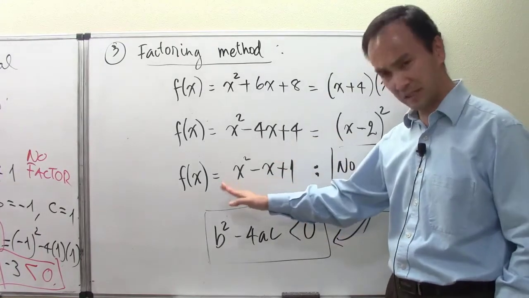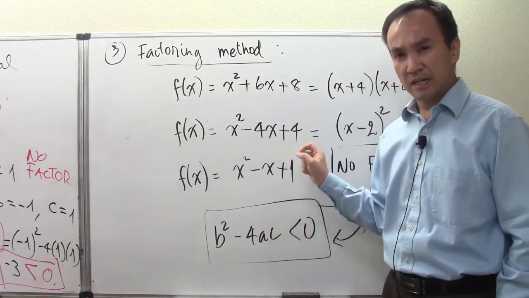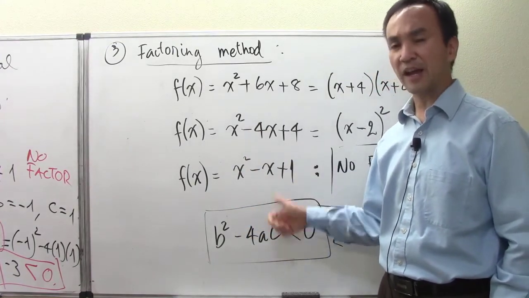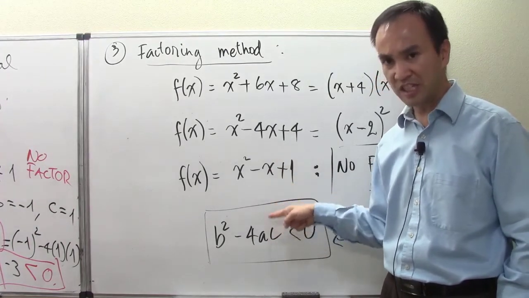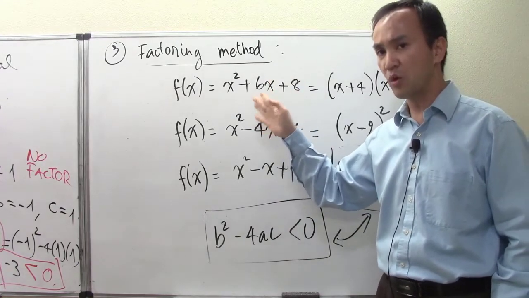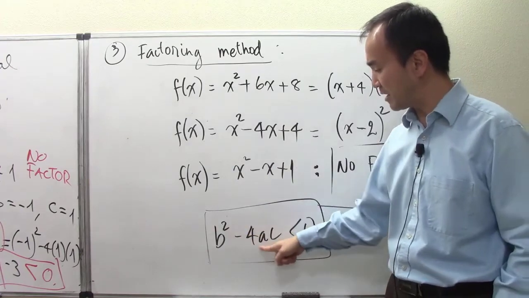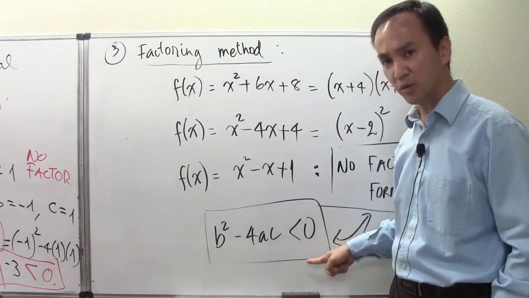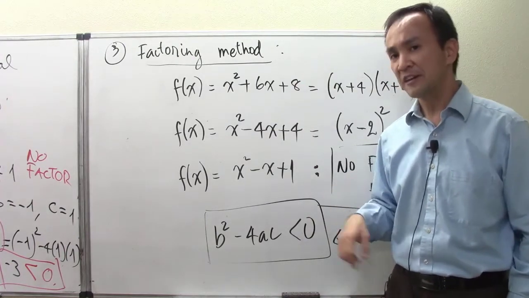Now the remark I'm about to make is that this method is only solid for a quadratic polynomial, meaning it's a perfect way to decide whether your quadratic polynomial will have a factor form or not. Anytime b squared minus 4ac is greater than or equal to 0, you will have a successful factor.